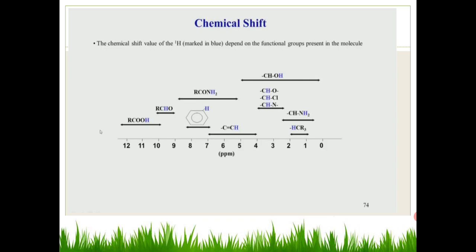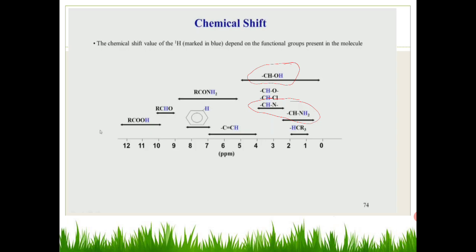If you take the alcohol, it appears in this region, whereas a nitrogen compound, it could be an amine, primary, secondary, or tertiary, appears in this region. Suppose you have a compound which contains an alcoholic group and a primary, secondary, or tertiary amine group, then what will happen?